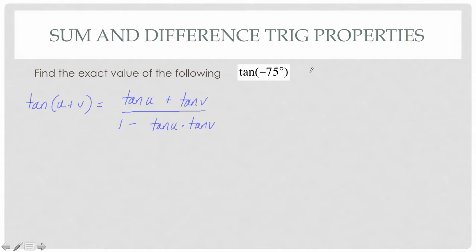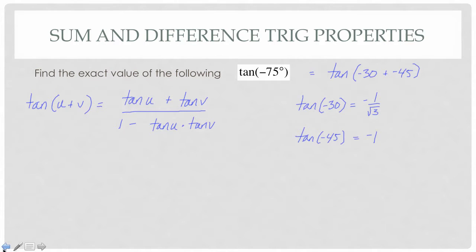Now we split this into the tangent of negative 30 plus negative 45. I know we looked up on our unit circle the tangent of negative 30 degrees is negative 1 over square root of 3. And the tangent of negative 45 degrees was negative 1.